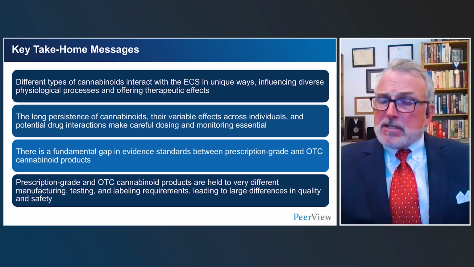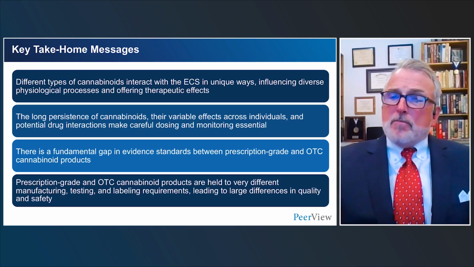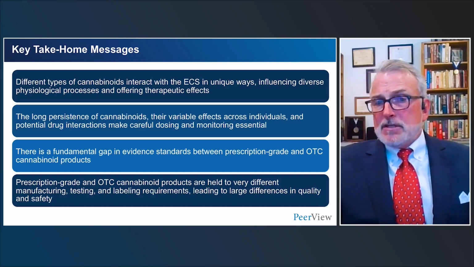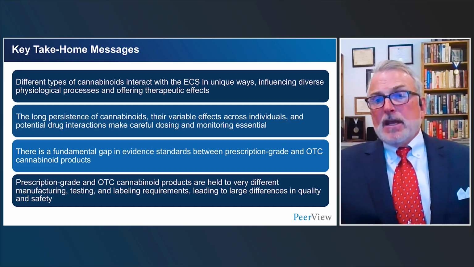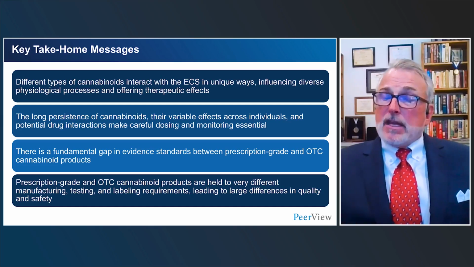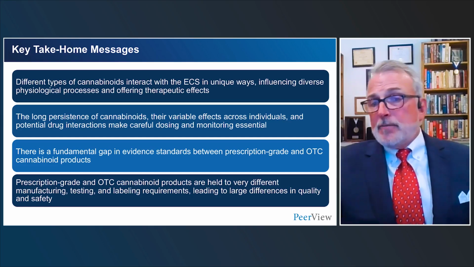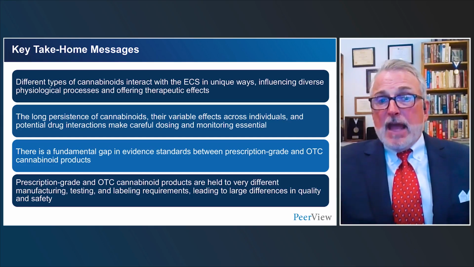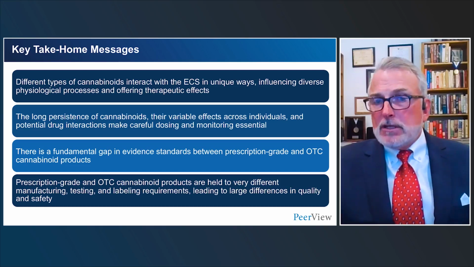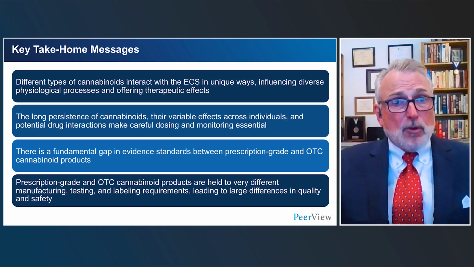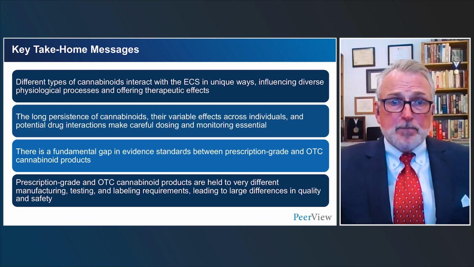So our take-home message today is that there are many different types of cannabinoids, both from inside our bodies, from plants, and from chemical synthesis, that interact with our endogenous cannabinoid system, or ECS. And they can influence physiological processes and be exploited for therapeutic effects.